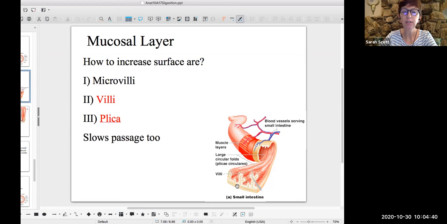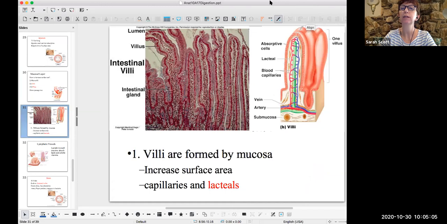Okay, now look closely at the plica, and you're going to see that it's covered with these folds. Those folds are called villi, which means fingers. So all along these speed bumps are millions of tiny little fingers. And if you zoom in on one individual villi or finger, here we go on this image.